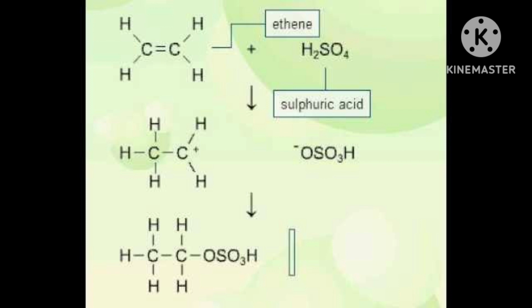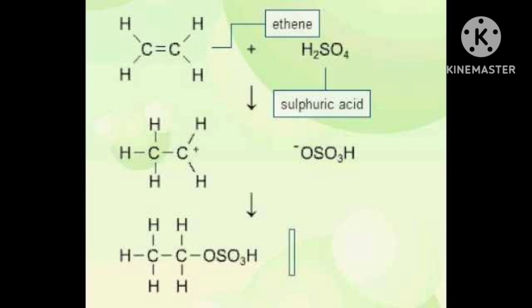The remaining radical is SO3OH. After removing H, what will remain? O will remain, an O radical, so you can say OSO3OH, and that will join with the first carbon. Then it will form ethyl hydrogen sulfate.